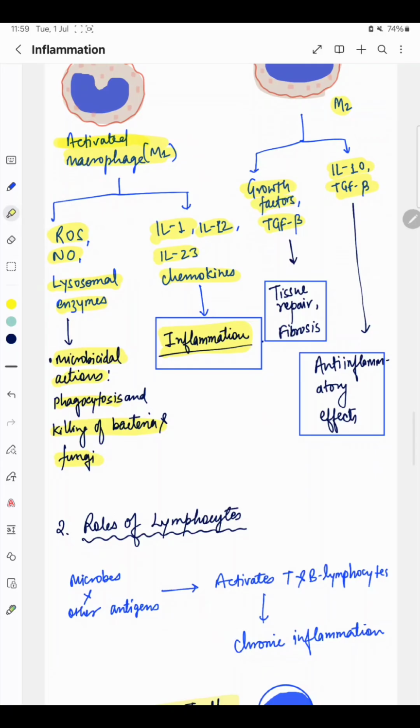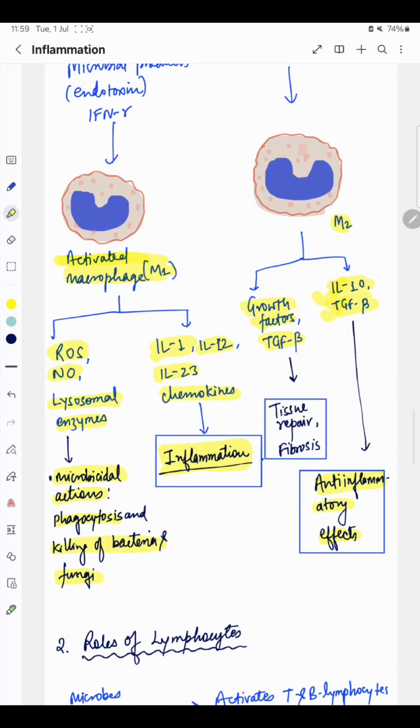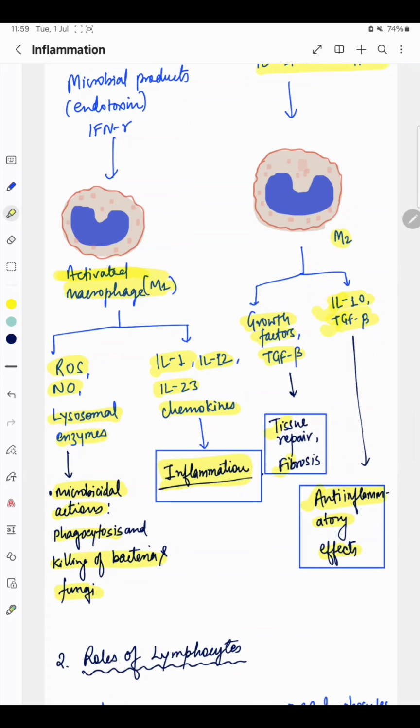As we know, interleukin 10 and TGF beta have anti-inflammatory effects. So M2 macrophages have an important role in tissue repair and fibrosis, and they have anti-inflammatory activity.